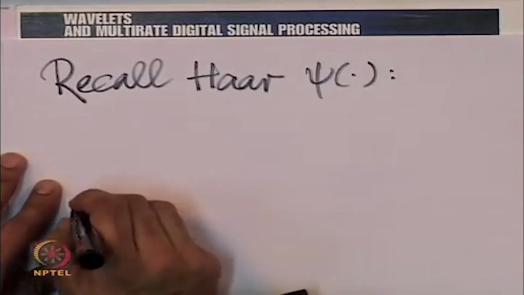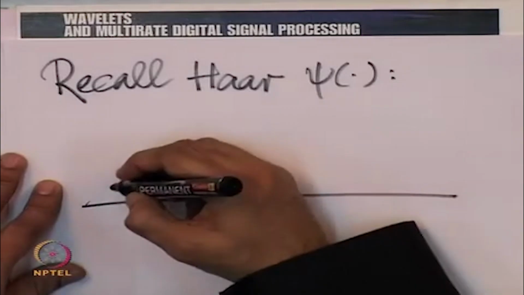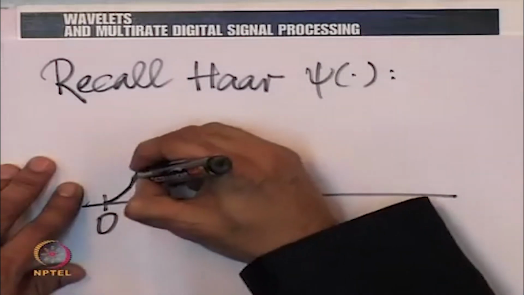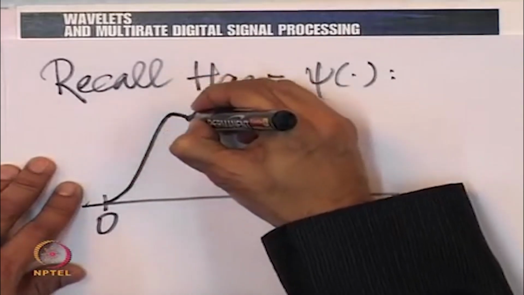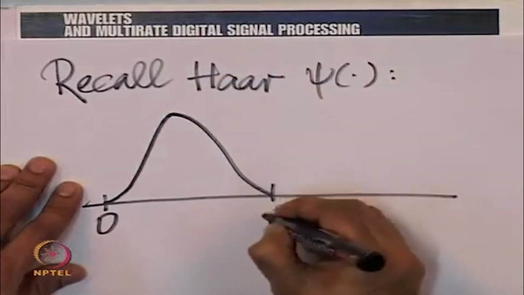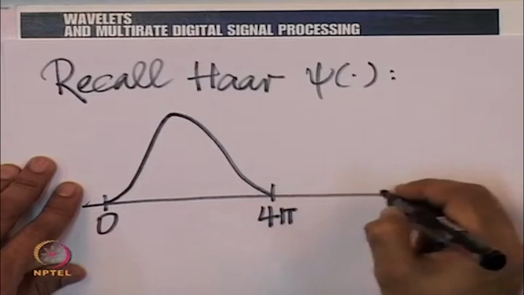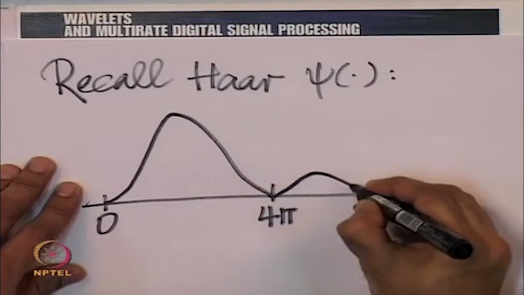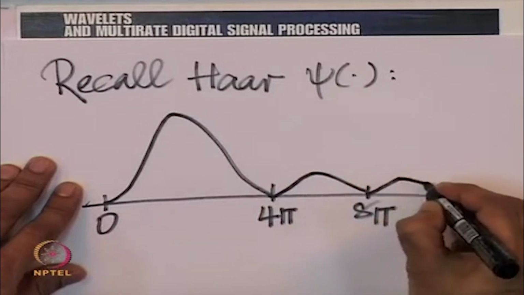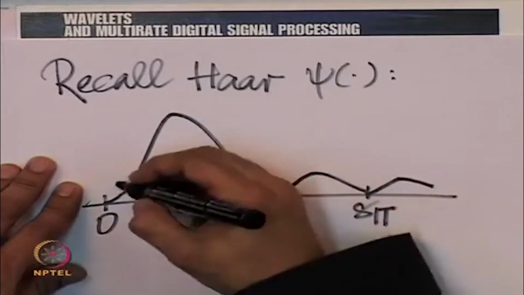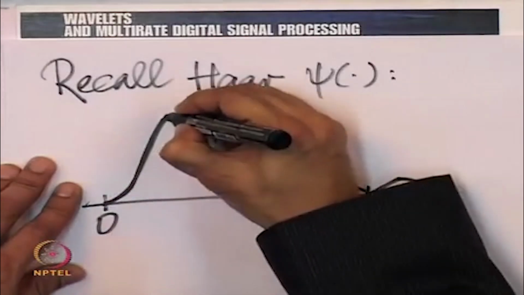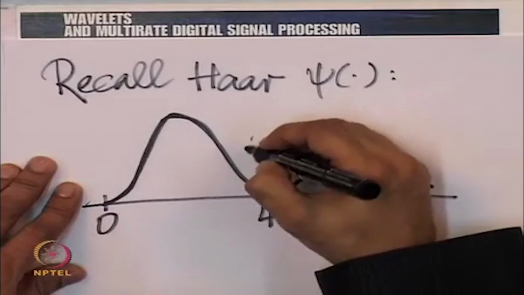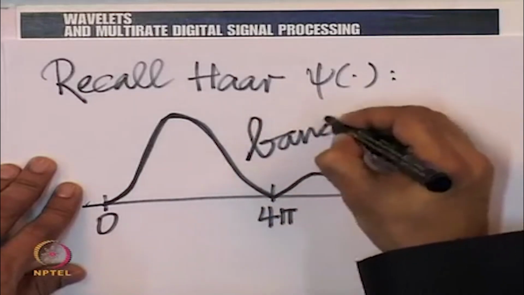It had a magnitude Fourier transform which looked something like this. It had the first null at 4 pi and subsequent nulls of side lobes at all multiples of 4 pi beyond, and the main lobe essentially was a band between 0 and 4 pi. So, it was a band pass function.